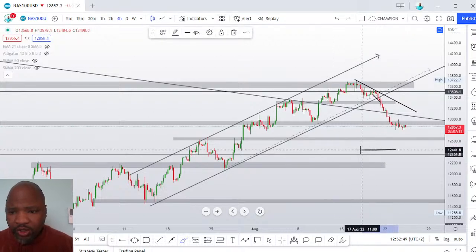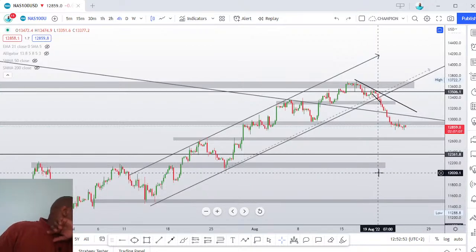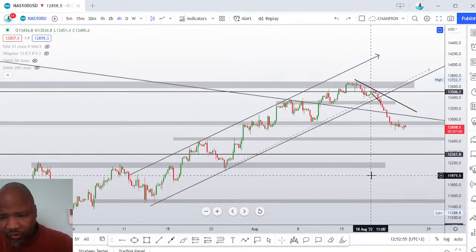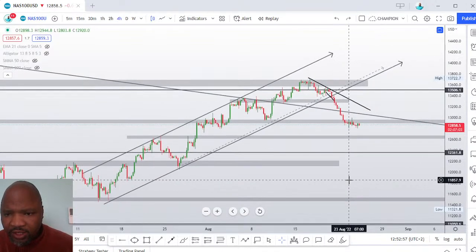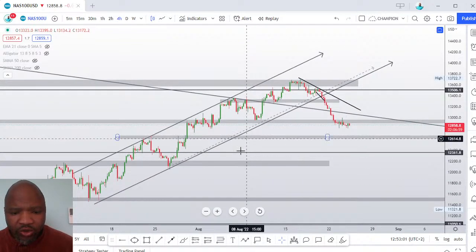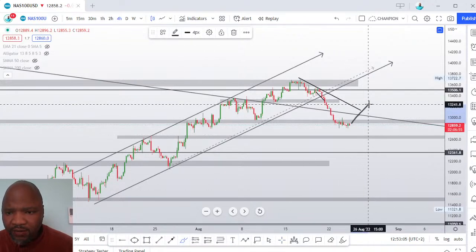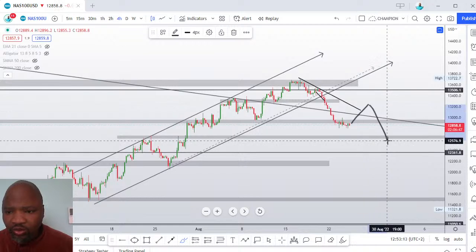For example, at the moment, we are going to wait for the price to present to us the new lower high, so that we can say we're going to look for sales.